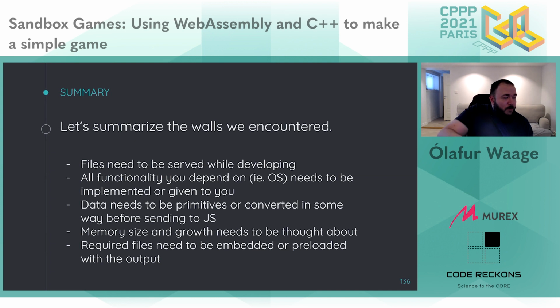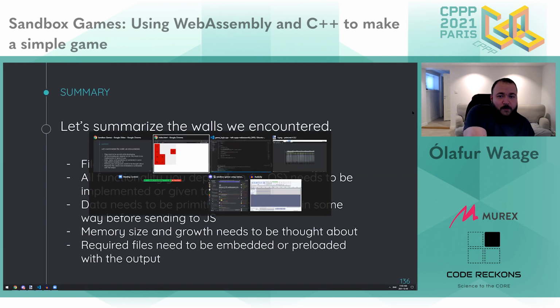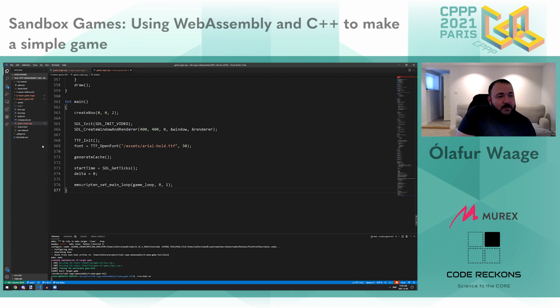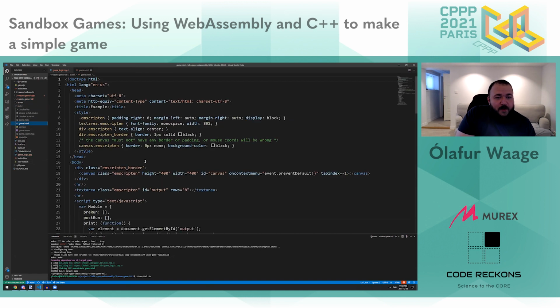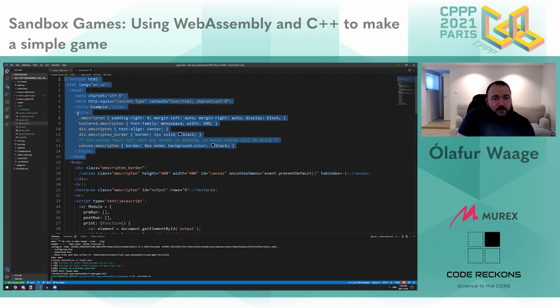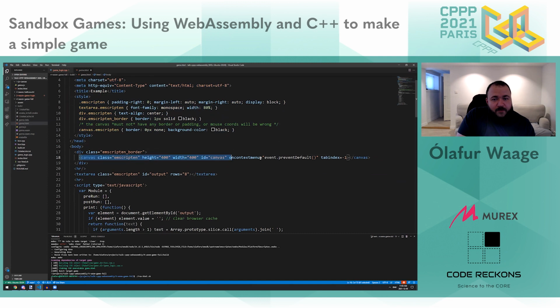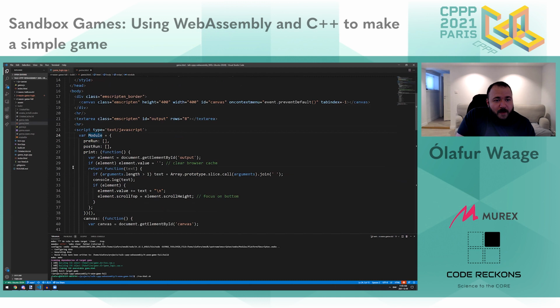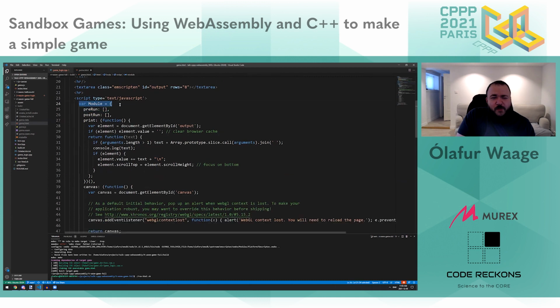Okay. One more thing, because I promised to show the JavaScript file. So I can show you here. The HTML file that we have has regular styling and head. I have the canvas, and then we have a module. So this is the other way of importing.